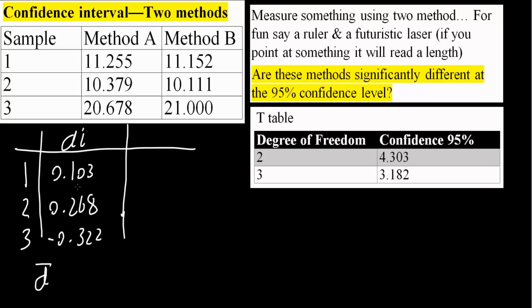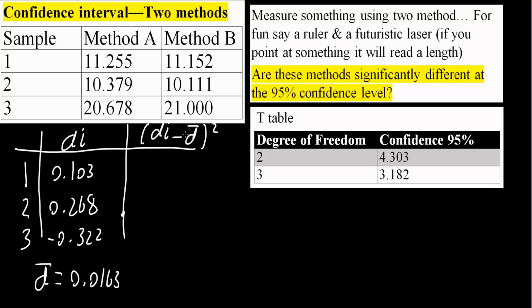From here, we calculate the average. So we add up these 3 numbers and we divide by 3. And then we would get 0.0163. Next, we do another thing. So we say DI, this number right here, minus D average, this number here, parentheses, we're closing it, and then we square it. So what we're going to do here is say 0.103 minus 0.0163.